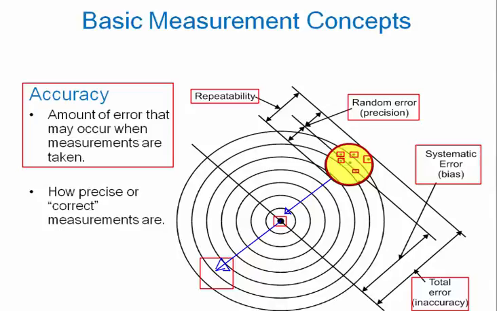We're improving the accuracy of the measurement. So another way of looking at accuracy is how precise or correct the measurements are. Precision is dealing with the random error that you cannot calibrate out of a system. I think that's a reasonably good explanation of the concept of accuracy.